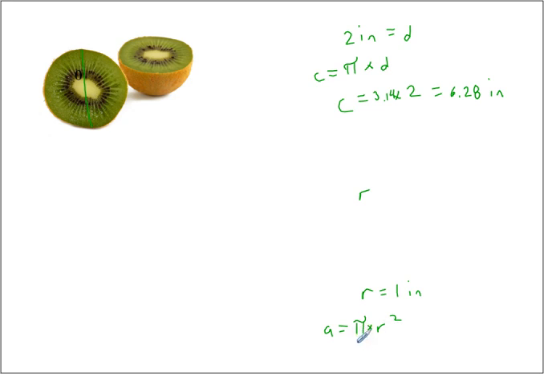What's r? It's going to be 1 squared times pi is equal to the area. And so it's just going to be equal to pi because 1 times 1 is 1. So the area is going to be 3.14. But remember, it's inches squared because it's a unit of area.